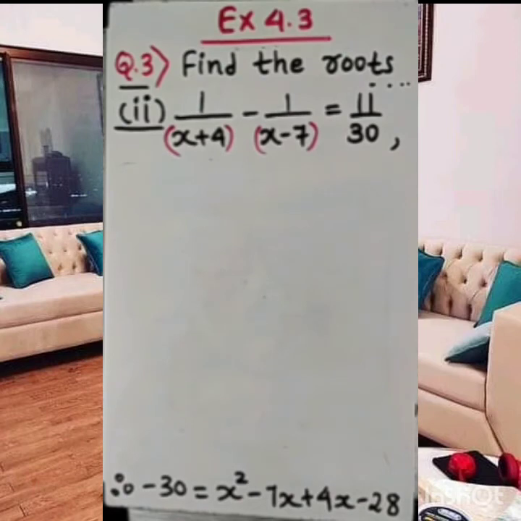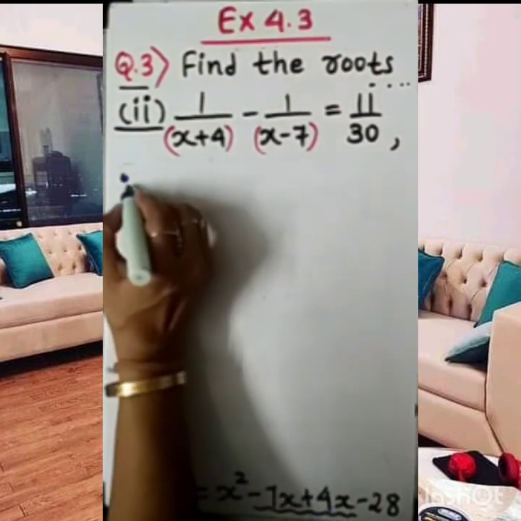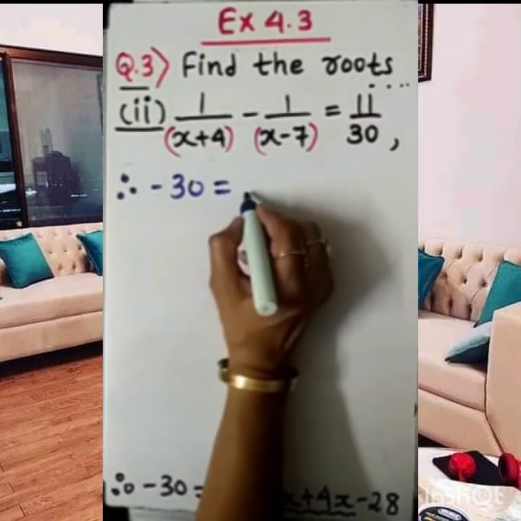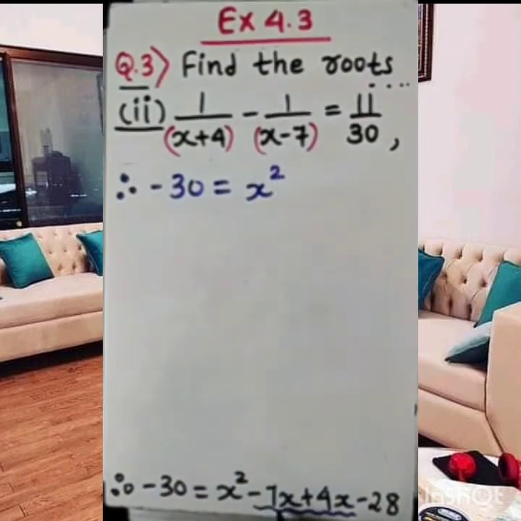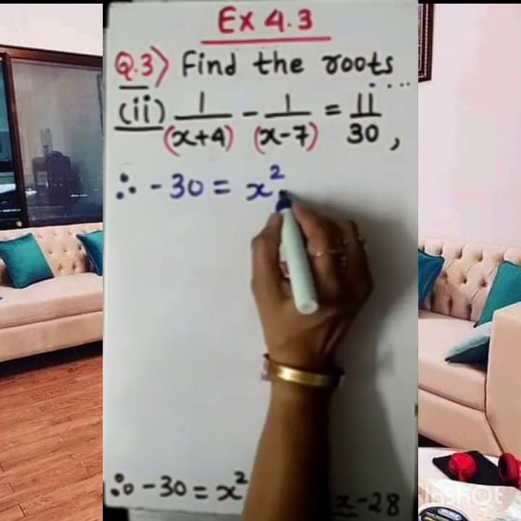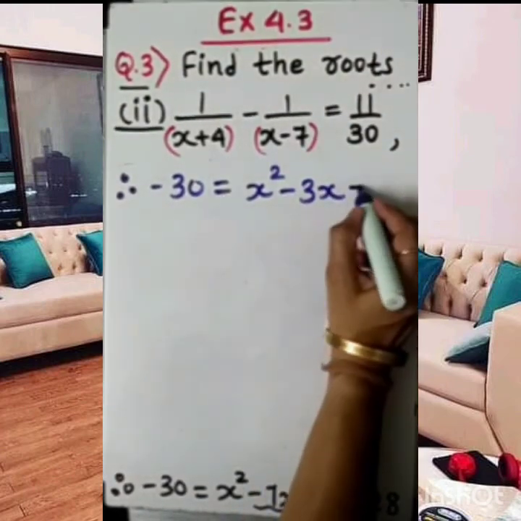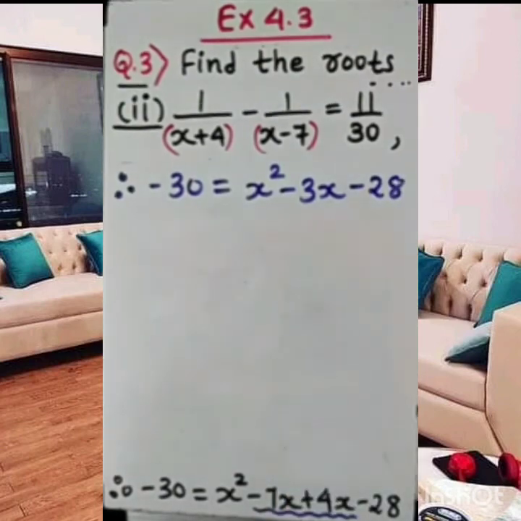So dear student, this is the last step. Let me simplify. Minus 7x plus 4x are like terms. So minus 30 equal to x square, then minus 7 plus 4 is minus 3x, and this is already minus 28. Let's simplify some more.